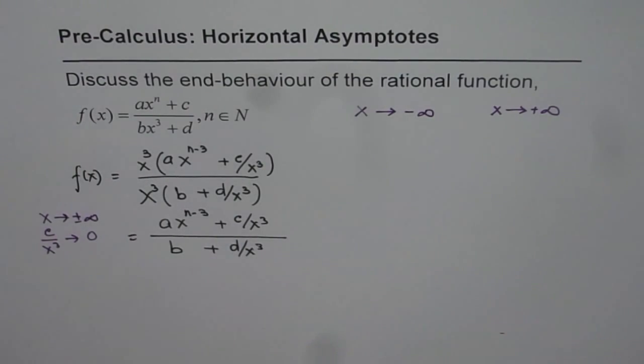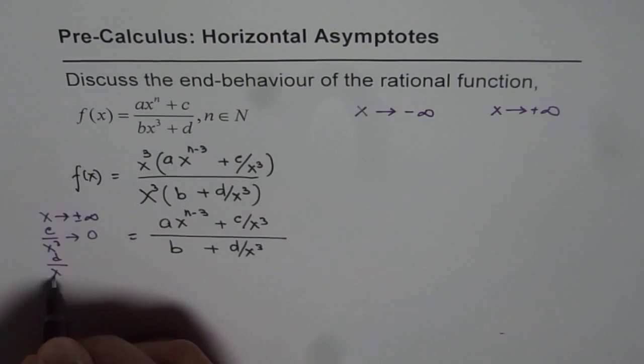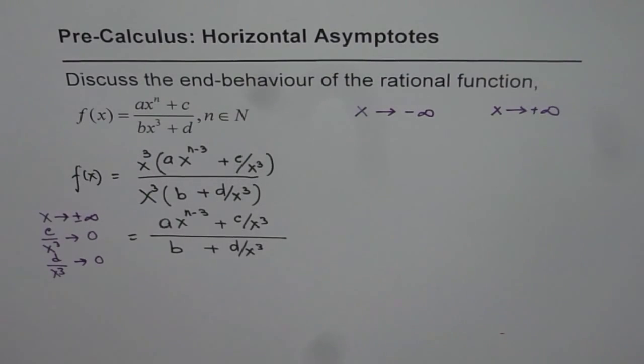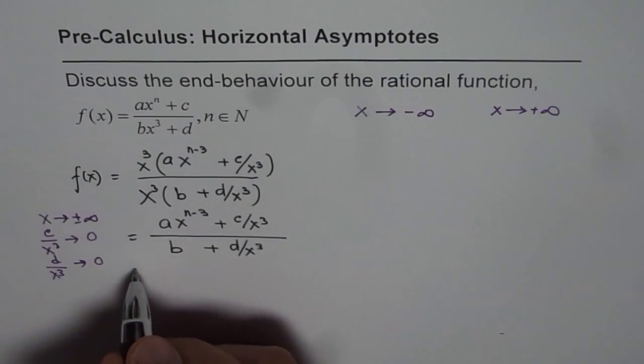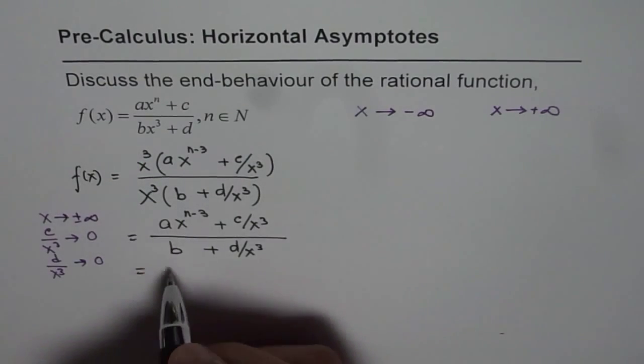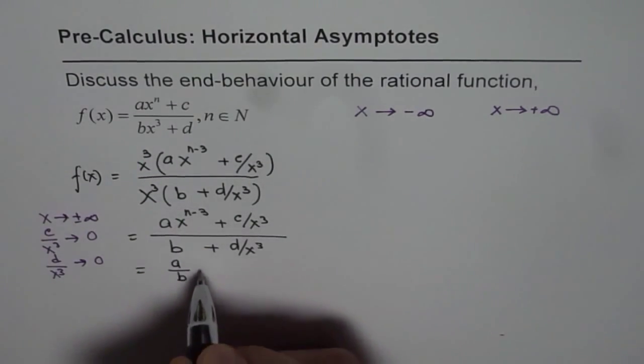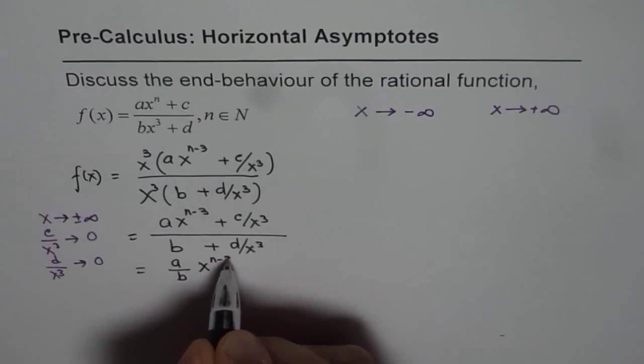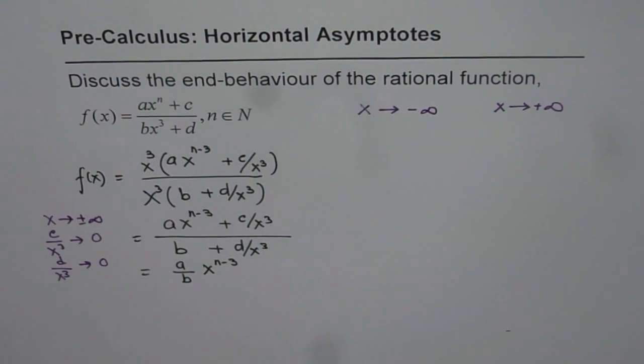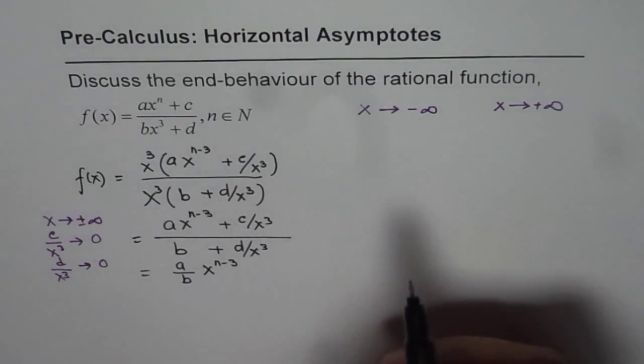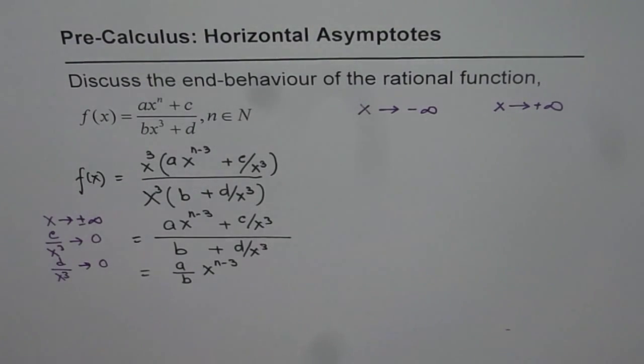Very small number. Similarly, d over x cubed will also approach 0, correct? So in that case, our function will reduce to a over b times x to the power of n minus 3. So that is going to be the value of the function as x approaches positive or negative infinity, right? So that is what we get.